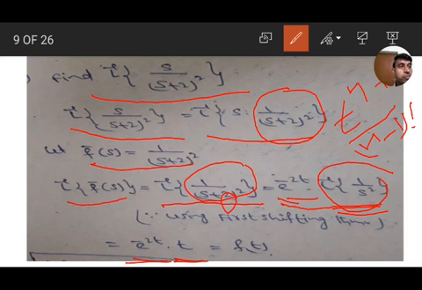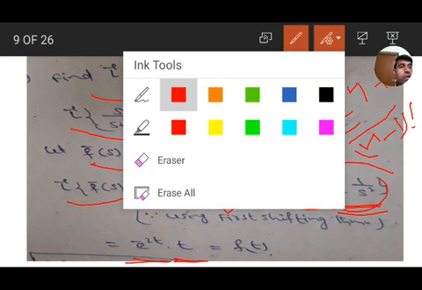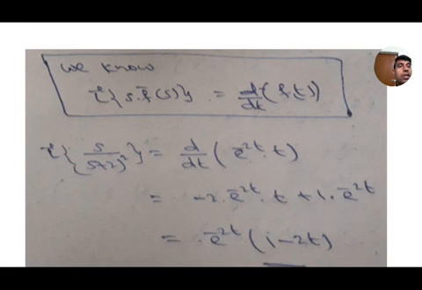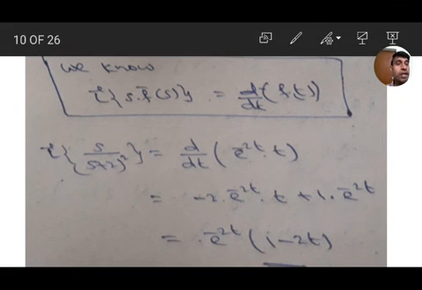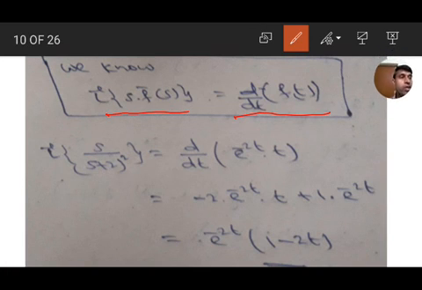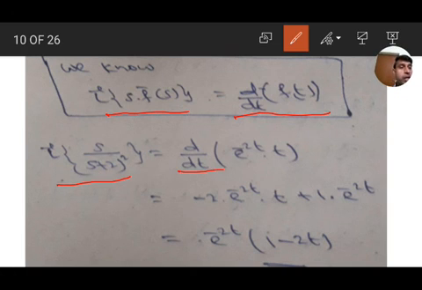So take it as f of t, e to the power of minus 2t into t, and we know the formula L inverse of s into f bar s equal to d by dt of f of t. Here d by dt of f of t means, for L inverse of s by s plus 2 whole square, the derivative of e to the power of minus 2t into t.